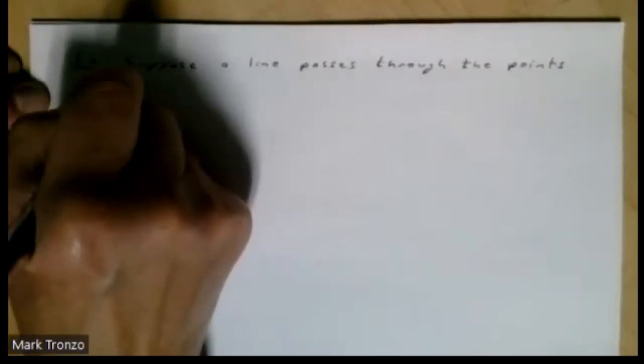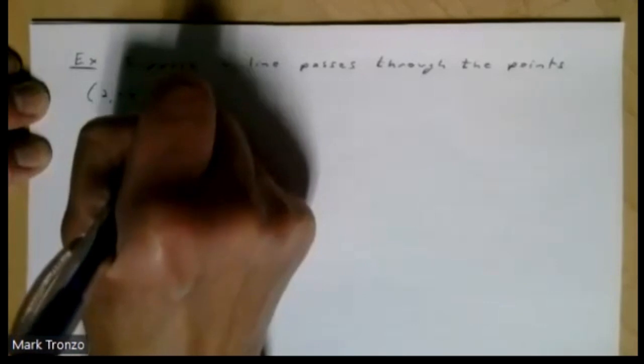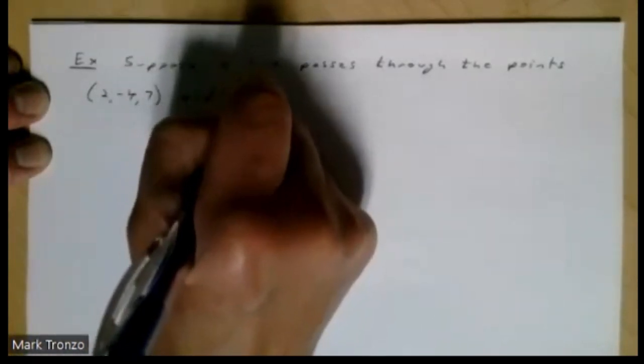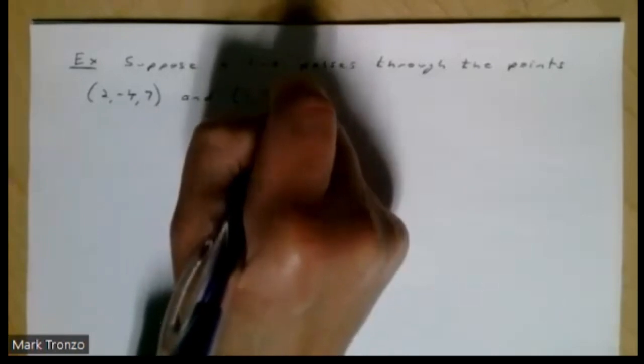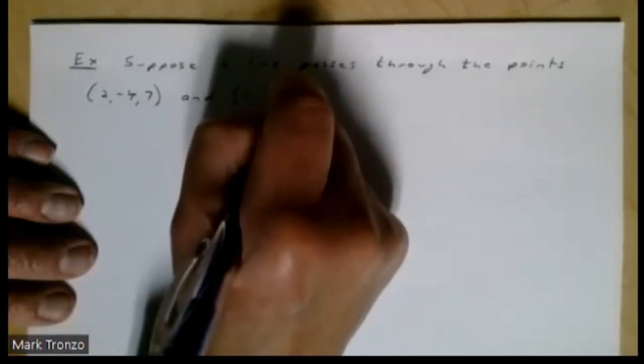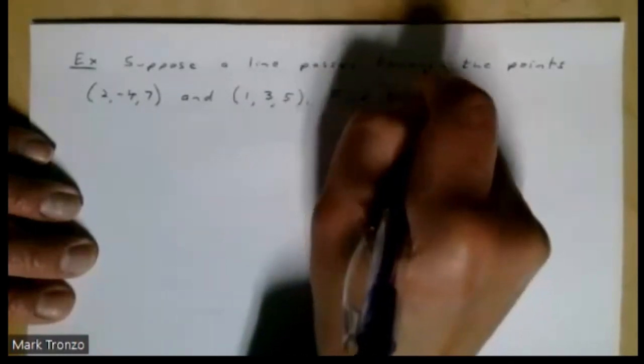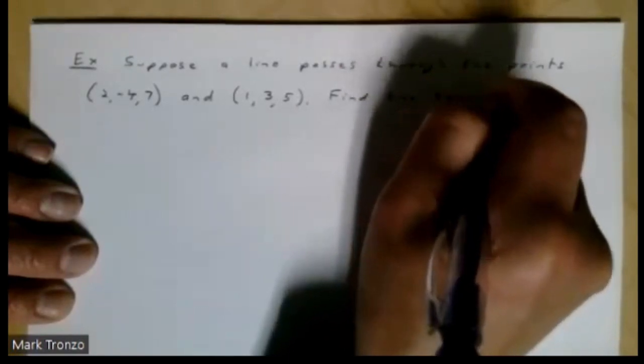So suppose a line passes through the points. Find the equation of the line.